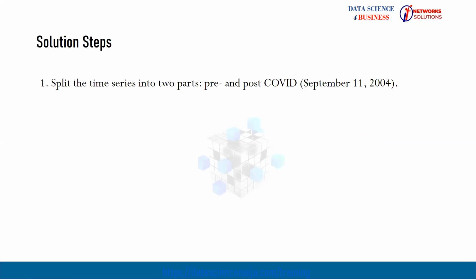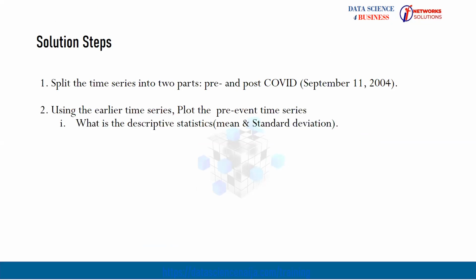Yes. So now, what are the steps that we want to use to do this? We have about 5 steps to achieve this. First of all, we want to split this time series data into 2 parts, which you already have: the pre-event and the post-event. Then we want to use the earlier time series data, the pre-event, to plot the pre-event time series, and then try to understand that particular time series data.